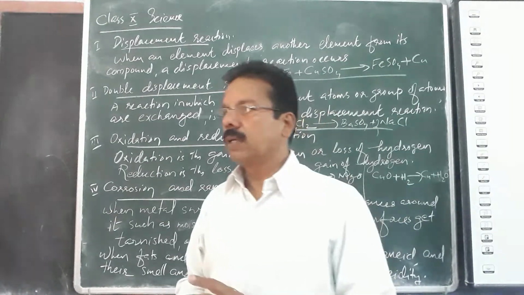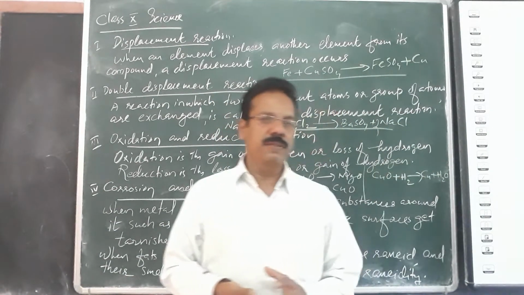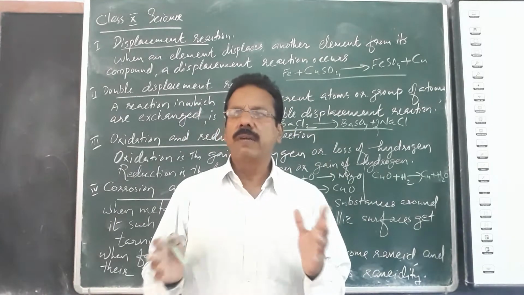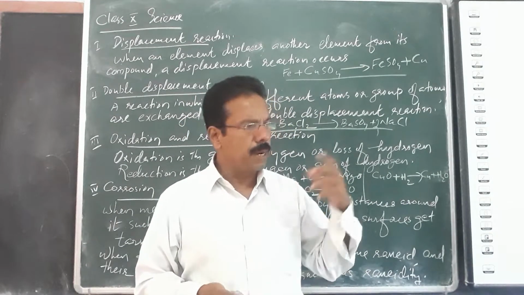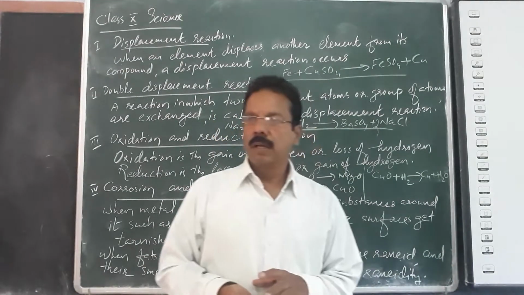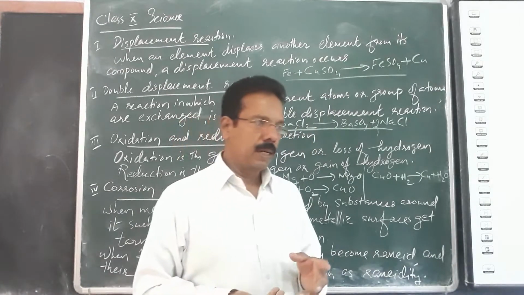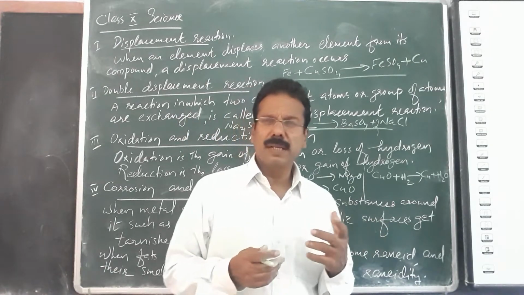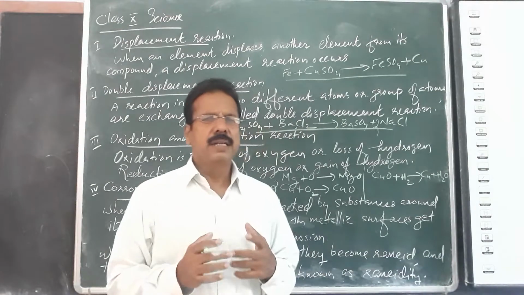When you think about shiny metallic surfaces, you can see they get coated with some black color, brown color, green color. Copper metal, silver metal, iron, all these metals are coated with different colored substances.